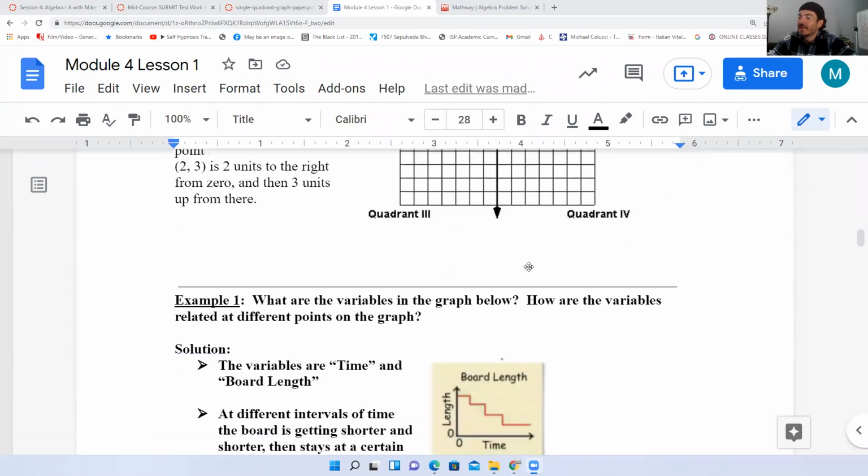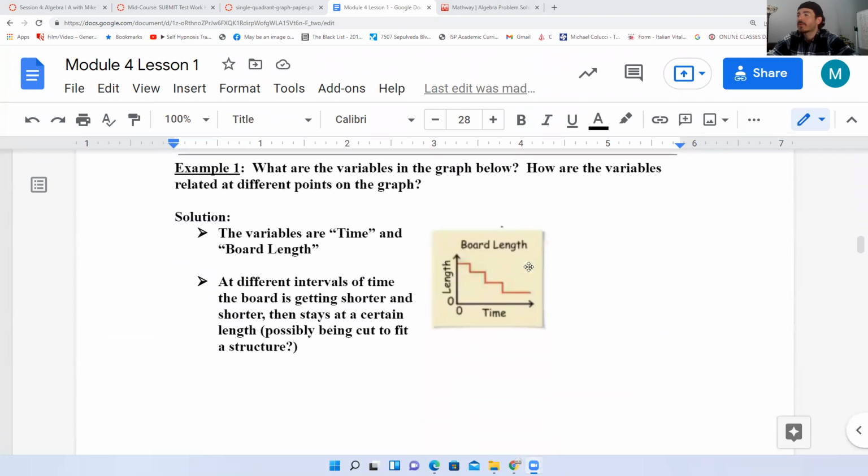No pun intended. Okay, so example, what are the variables in the graph below? How are the variables related at different points on the graph? So the variables are time, board length. Time, and then 0 is the horizontal, length is the vertical.